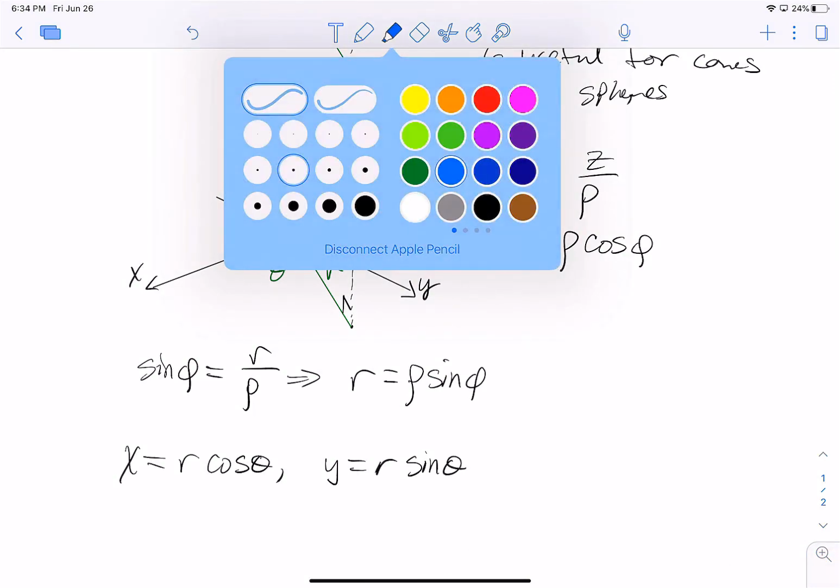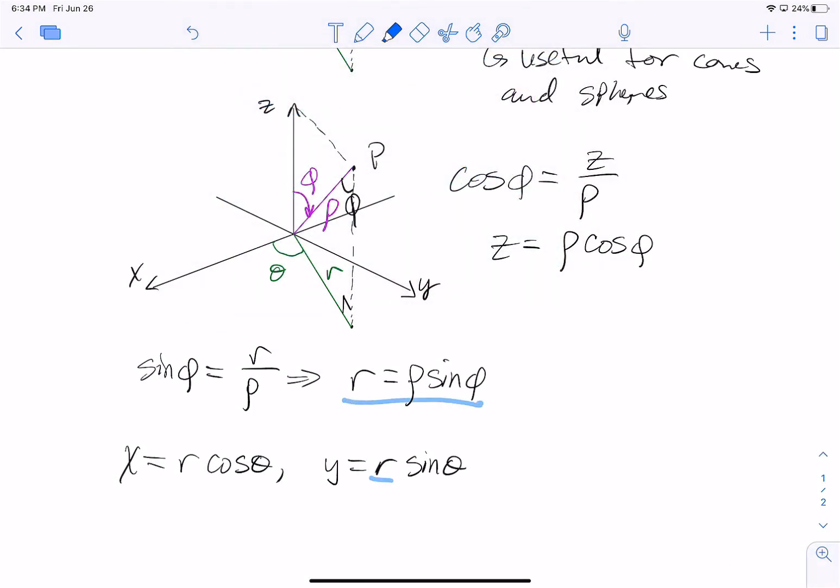Therefore, we can now change out r in both of those expressions. So in addition to knowing that z is rho times the cosine of phi, we now have that x is equal to rho sine phi cosine theta, and y is equal to rho sine phi sine theta, by changing out r for rho sine phi.